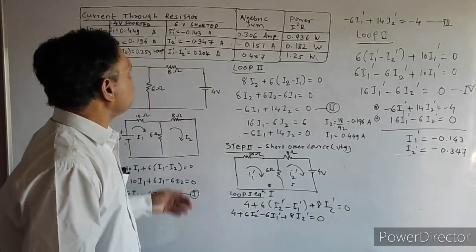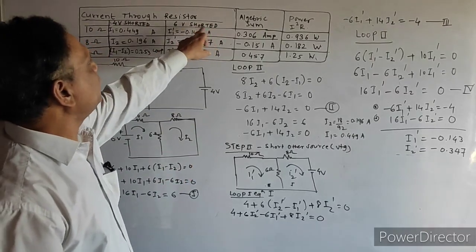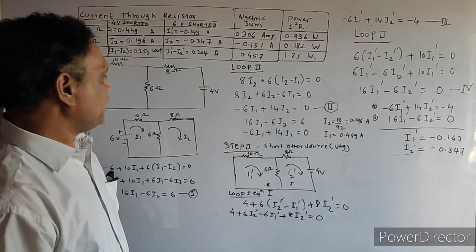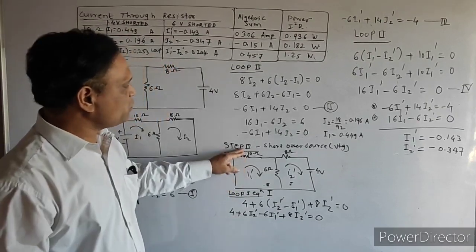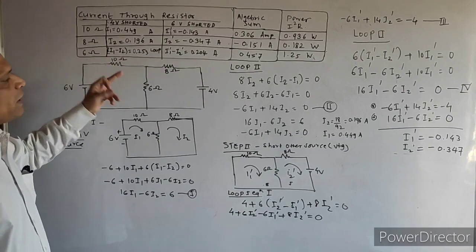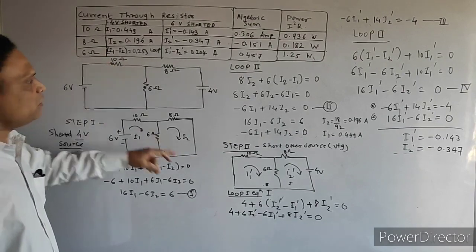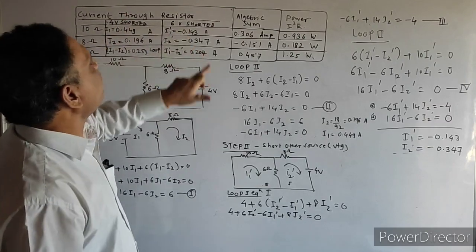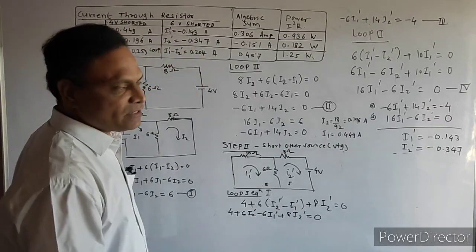At that condition, we got the value of I1 dash as 0.143. What was I1 dash? It was the current flowing through the 10 ohm resistor. Previously, I1 was the current flowing through the 10 ohm resistor. So we have written I1 and I1 dash for the 10 ohm resistor.